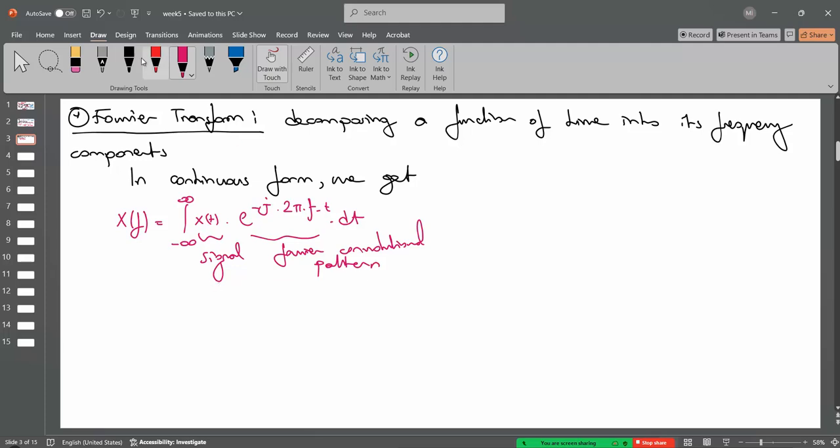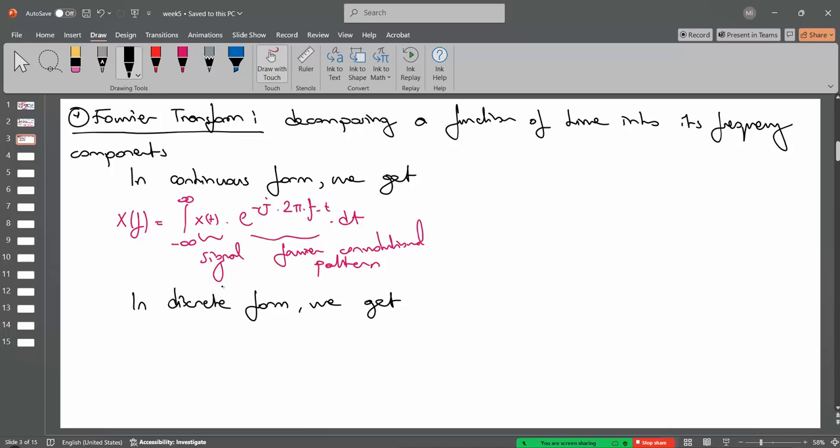Okay, and also in discrete form, which is basically utilized because if we have any unknown signal, we may not have the specific formula like the sine or cosine or the square wave.